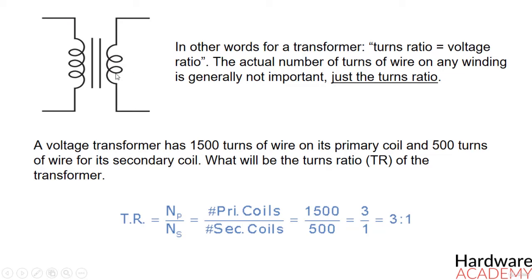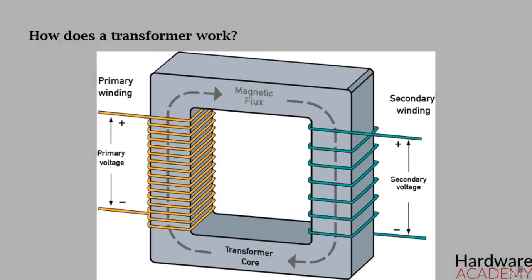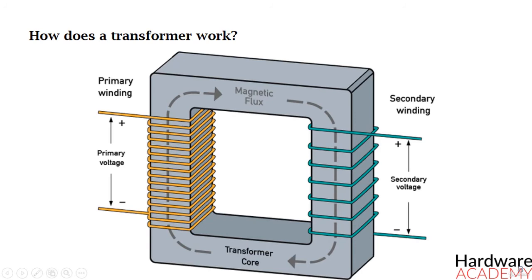And now let's see how exactly a transformer works. We have seen that the number of coil turns on the secondary winding compared to the primary winding, which is the turns ratio, affects the amount of voltage available from the secondary coil. But if the two windings are electrically isolated from each other, how is this secondary voltage produced?